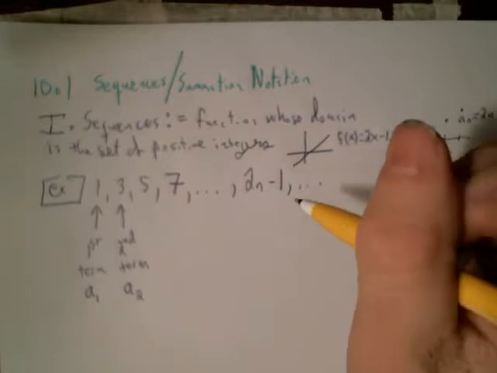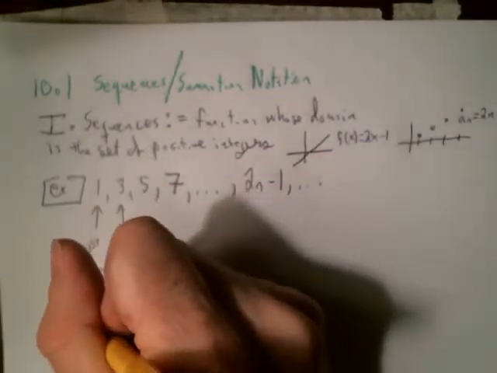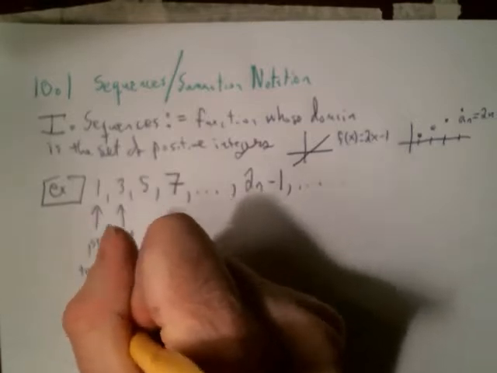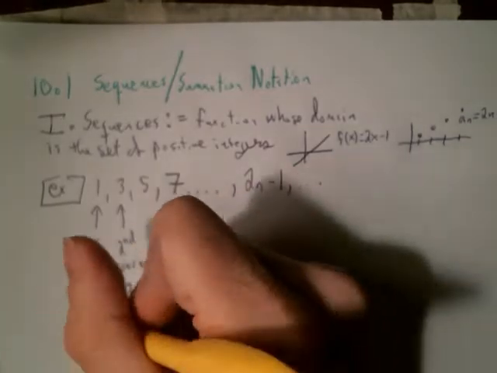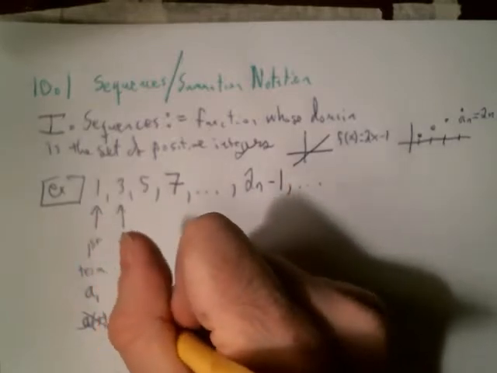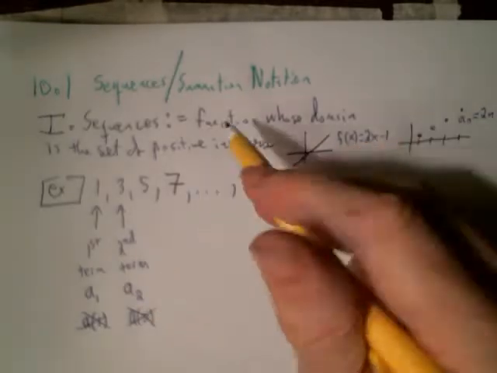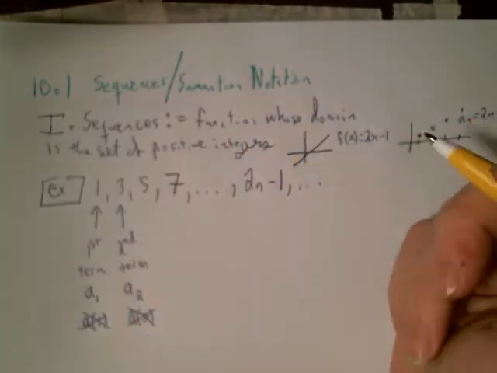It's basically the same sort of deal. You could also write it, if you're so inclined, as a of 1, or a of 2, but we usually won't use that notation. So little a instead of little f.